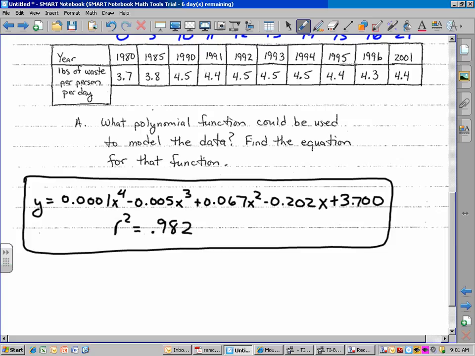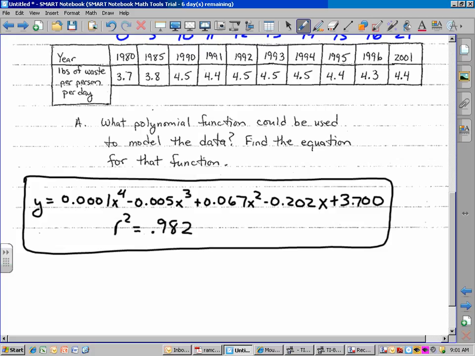Again, this is a prediction. This is our best guess. Is this accurately going to predict the future? Nobody knows. Anything can happen. Anything can change. Pounds of waste per person, the amount of garbage people use, might drastically change to the point where we're not using too much, or it might go in the other direction where we're not recycling as much, and we're creating a lot more waste.